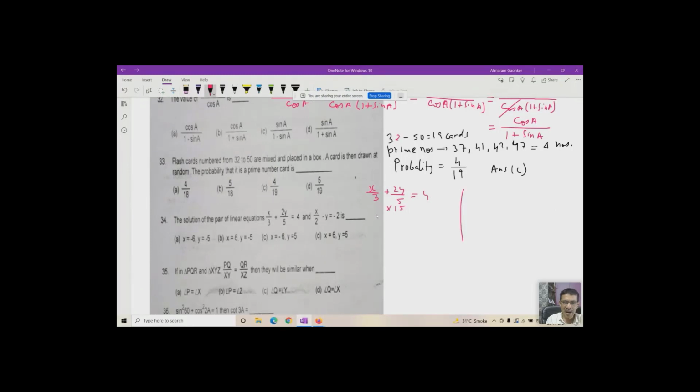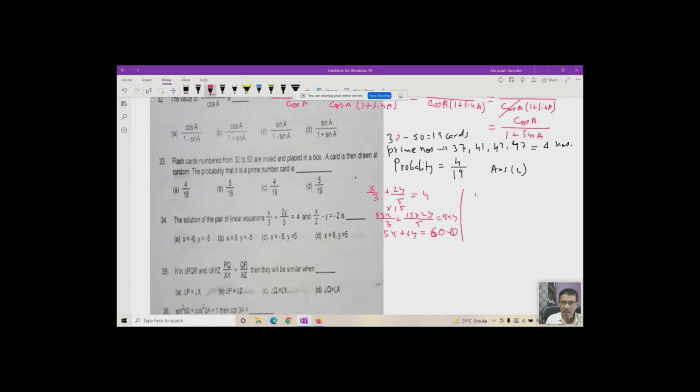So this will be 15x divided by 3 plus 15 into 2y divided by 5, equal to 15 into 4. So this will be 5x plus 6y, and that is equal to 60. So this is equation number 1.